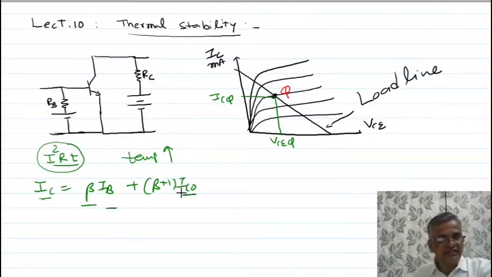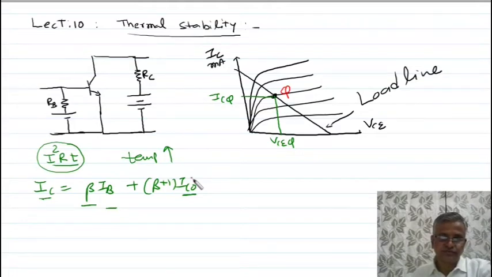And all these 3 parameters, beta, base current and leakage current, depend upon temperature. So as current is passing, the temperature of the transistor increases, then beta, base current and leakage current increase.